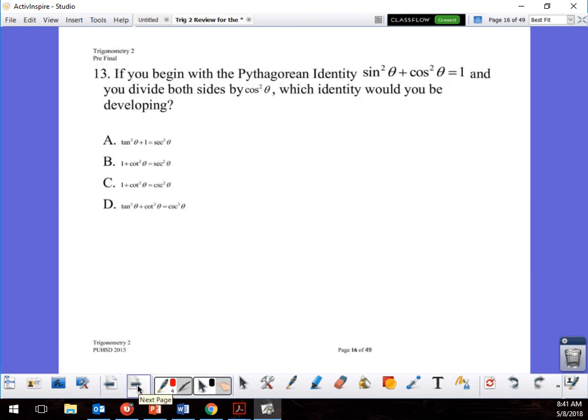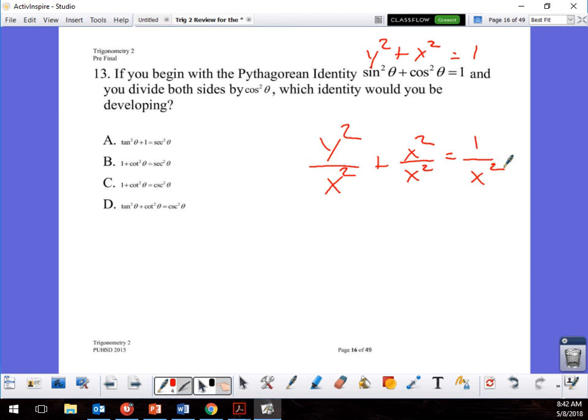If you begin with the Pythagorean identity, sine squared plus cosine squared is equal to 1, and you divide both sides by cosine squared, which identity would you be developing? Remember that's y squared plus x squared equals 1. So y squared divided by x squared plus x squared over x squared equals 1 over x squared.